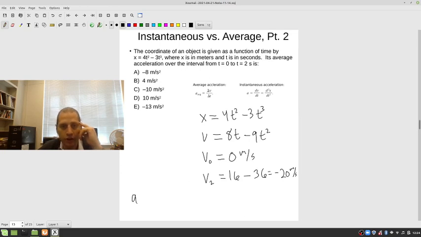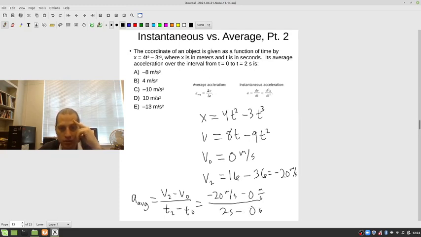So if I wanted to find my average acceleration, it would be v2 minus v naught over t2 minus t naught. So this would be minus 20 meters per second minus 0 meters per second, and then on the bottom, it would be 2 seconds minus 0 seconds. And so that would give me minus 10 meters per second squared.